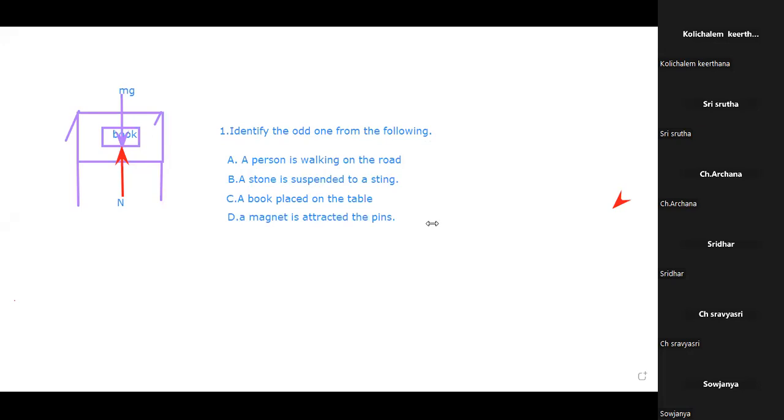B, because of field force. A, it is not a contact force. A, magnetic force. C. So many people are giving different answers. All the people are not giving the same answers. D, sir, because contact force.